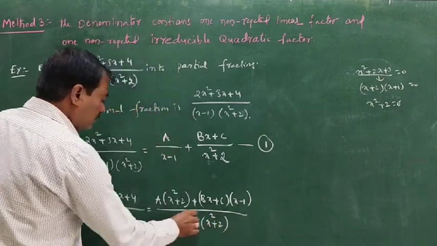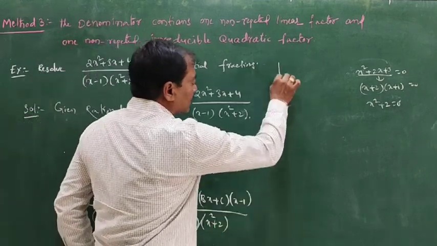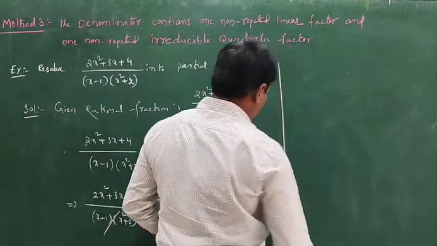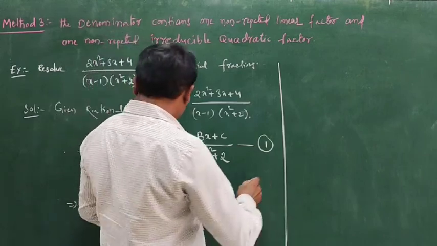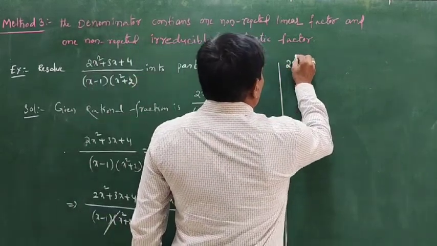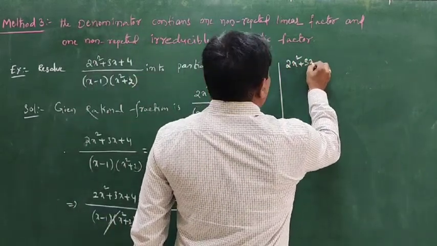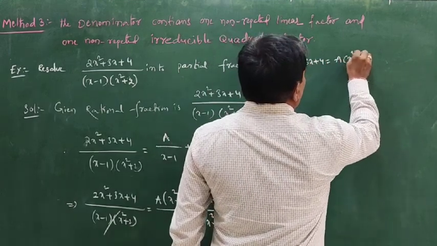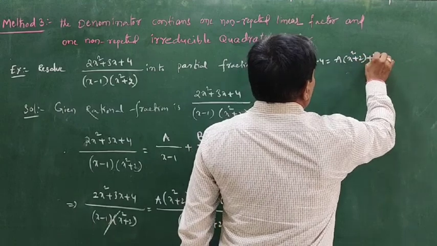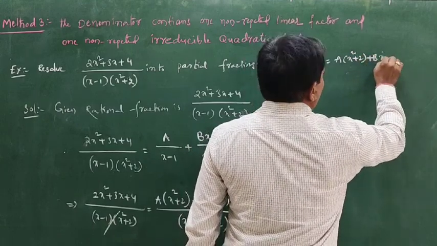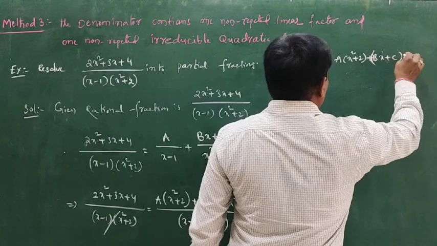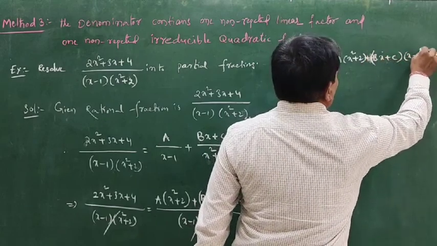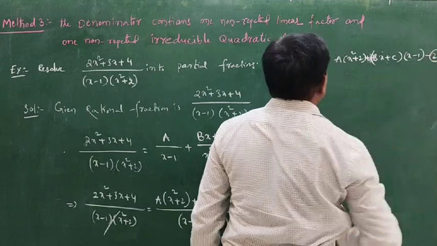And we cancel the denominators on both sides, and this implies, this is equation 3: 2x square plus 3x plus 4 equal to A(x square plus 2) plus (bx plus c)(x minus 1). Yeah, this is equation 2.